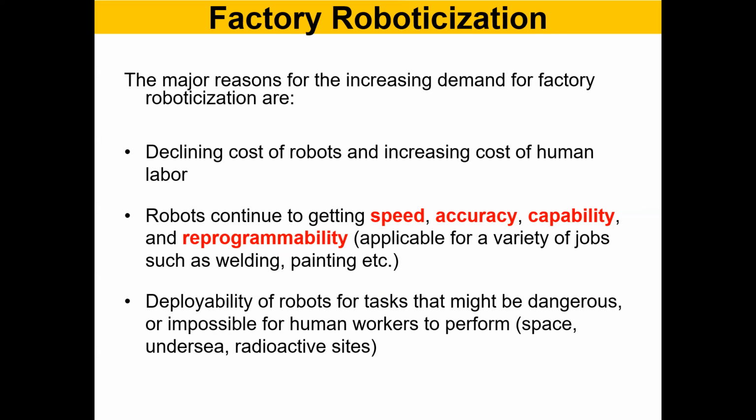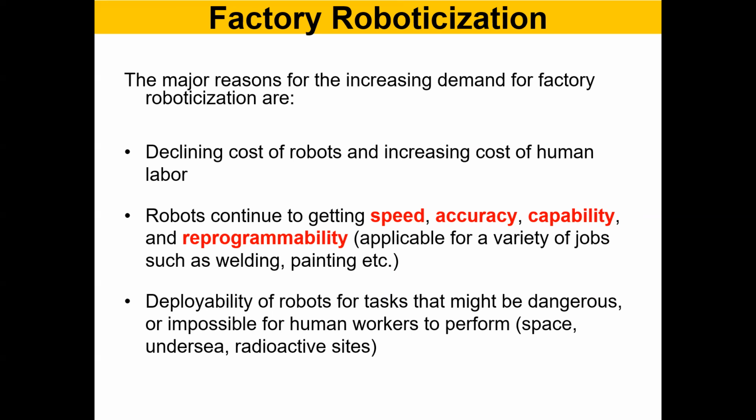So we are going to robotize the factory, which means you are going to bring in robots, install and configure them, and you're going to run your manufacturing process using robots, right? Maybe 50%, 70%, 80% robots, whatever percentage. So this decision is very serious.